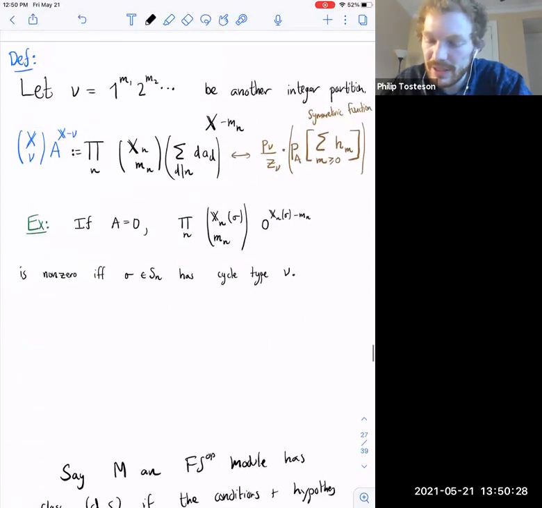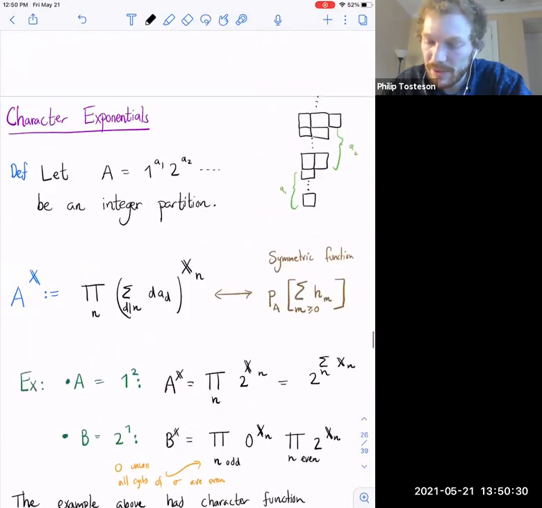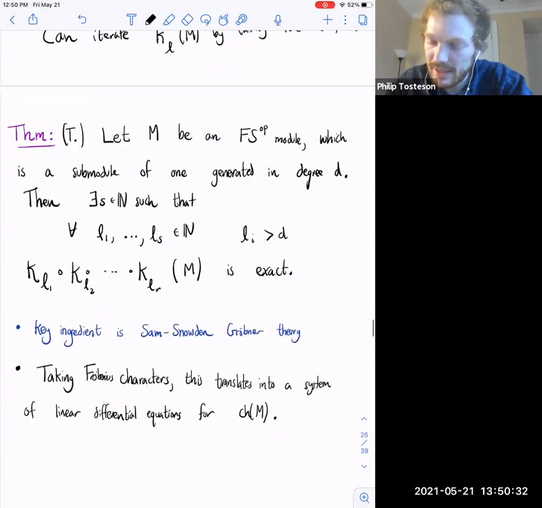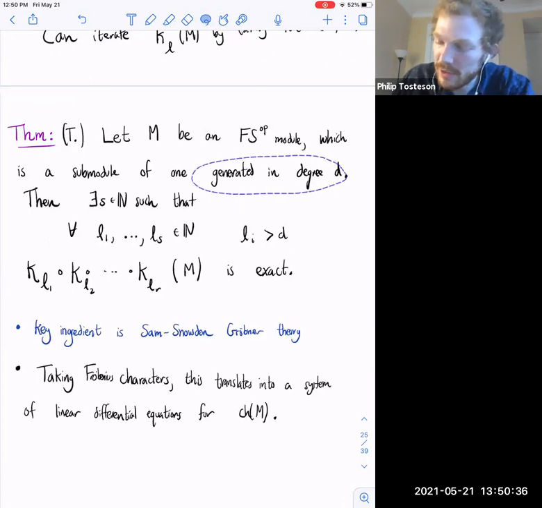What that means concretely, if I scroll up here, is that first off, I need M to be a submodule of one that's generated in degree D, and second, I need this condition to apply for this S.